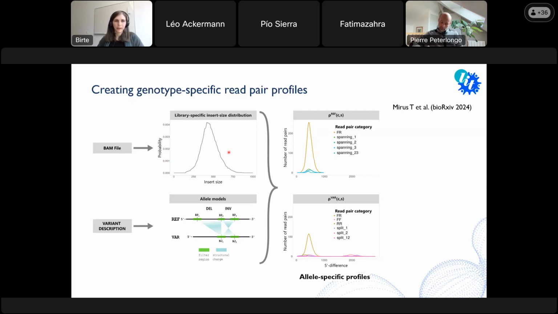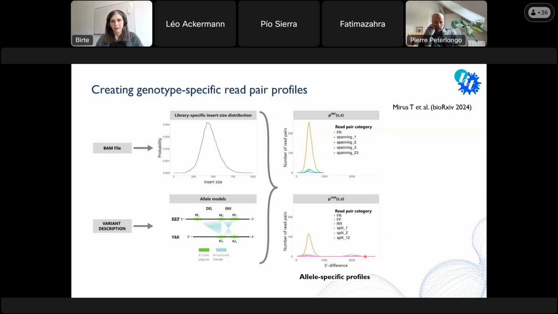And then we can multiply essentially the read counts per category per insert size that we've enumerated before with this library-specific insert size distribution. In the implementation, it's really just a matrix multiplication that we perform here. And then we obtain an allele-specific profile for the reference allele and one for the alternate allele, the variant allele, which is essentially a set of insert size distributions per read pair category.